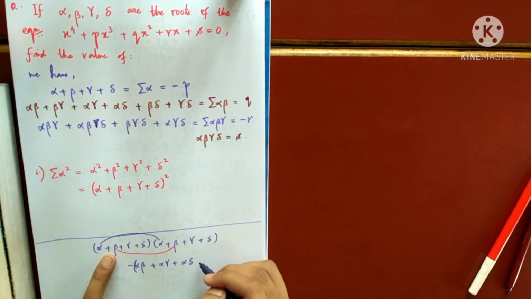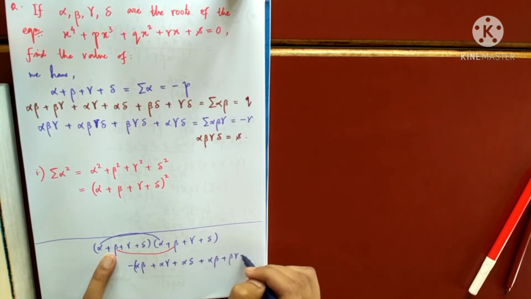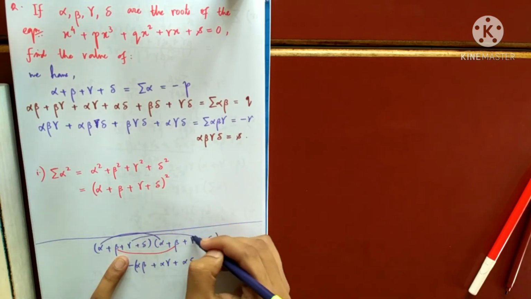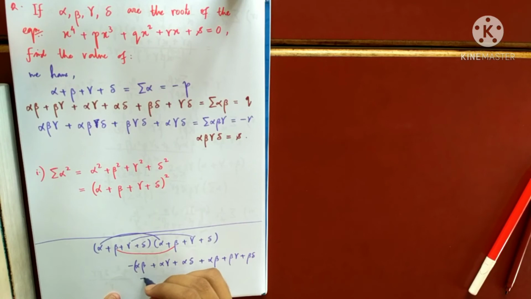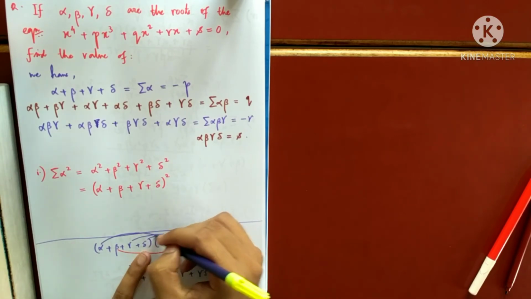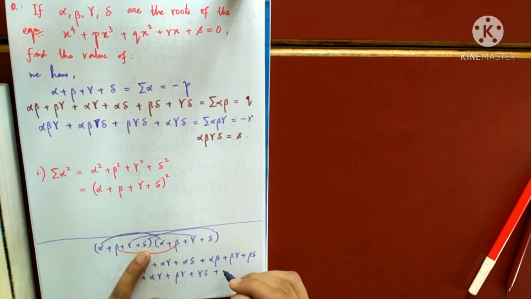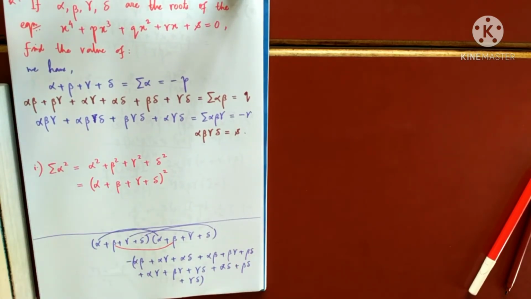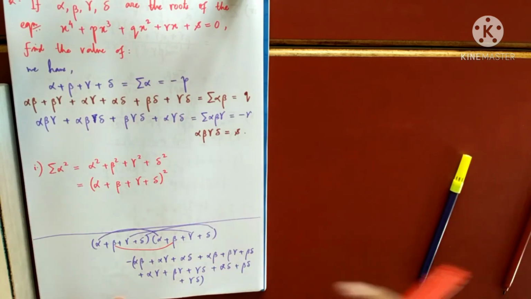So what things am I getting extra? Alpha beta plus beta gamma plus beta delta. Similarly here, only this term is needed, the rest are extra. So alpha gamma plus beta gamma plus gamma delta. And similarly, only delta square will give me a useful term. So this is nothing but alpha delta, beta delta, and gamma delta. These terms I have to subtract. These many terms I have to subtract.